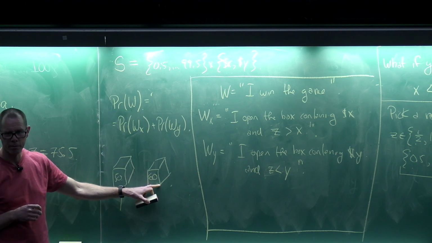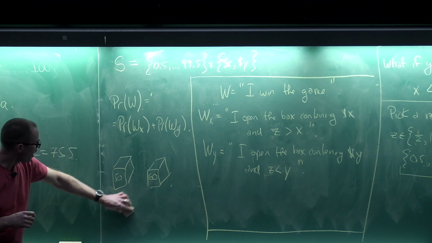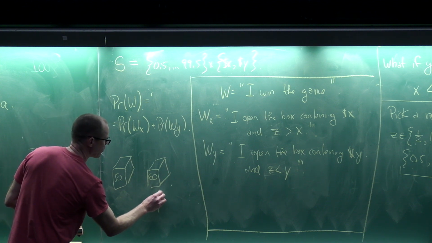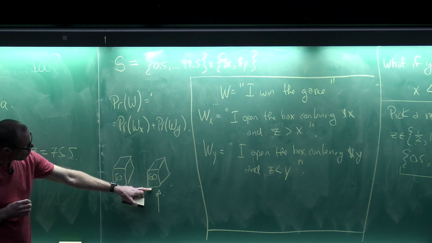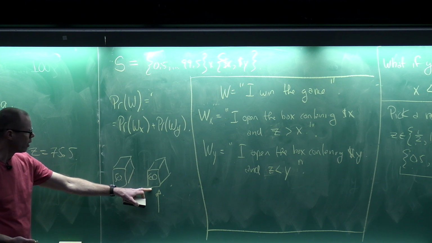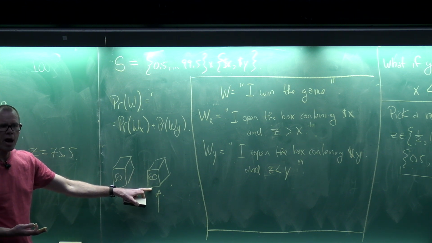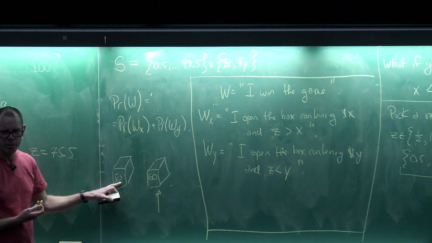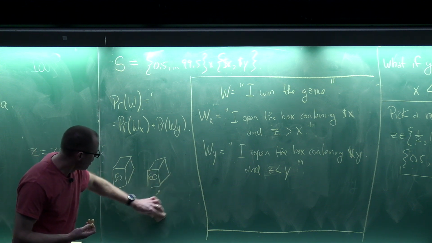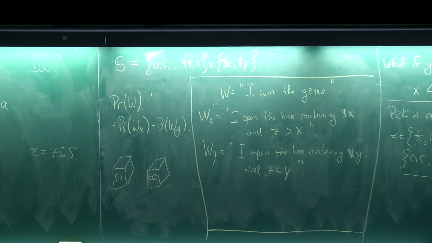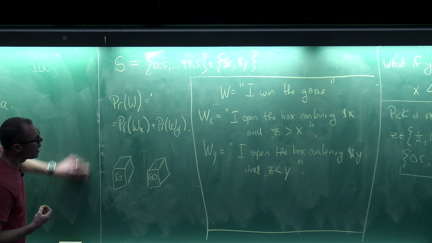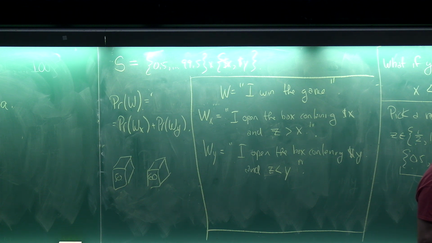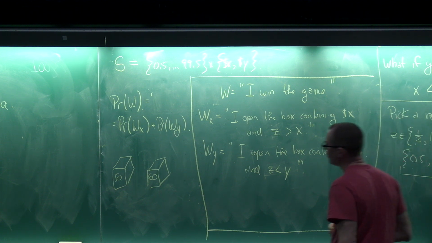So then I take this box. On the other hand, if I pick z as 75.5, and I open up this box, what happens? I look inside, I see a value that is smaller than 75.5. I think I can do better than this, so I change and I lose. Okay. All right. Okay, good. So we've got everything right. Now we know the sizes of these things, which means we know their probabilities. We can finish up.